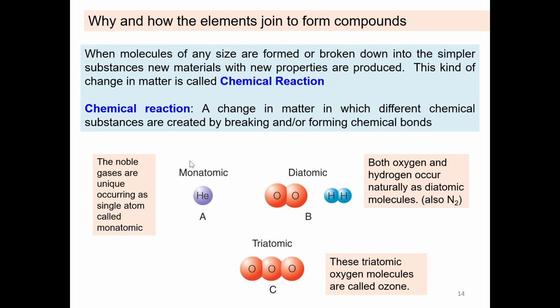This is the case of helium. In some cases, to be more stable, they can occur as diatomic molecules. That is the case of oxygen and hydrogen. And in some cases triatomic, as in the case of ozone, in which 3 atoms react to form the new compound, which is ozone.